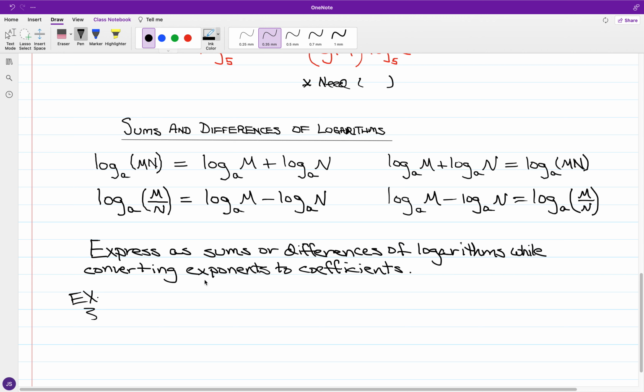And we'll say that we have here the base 3 logarithm of a times b.